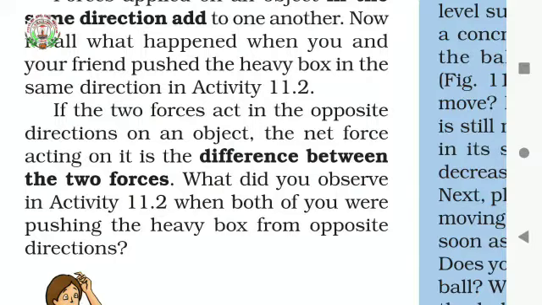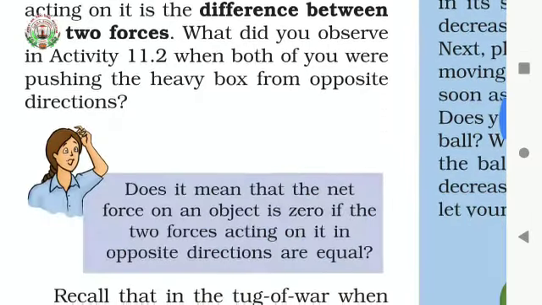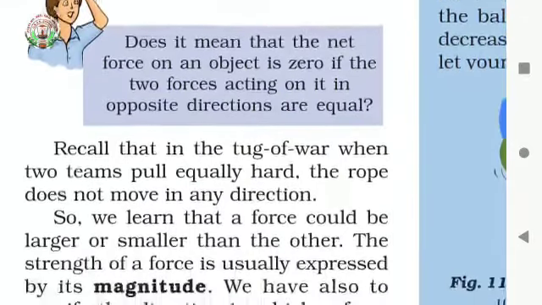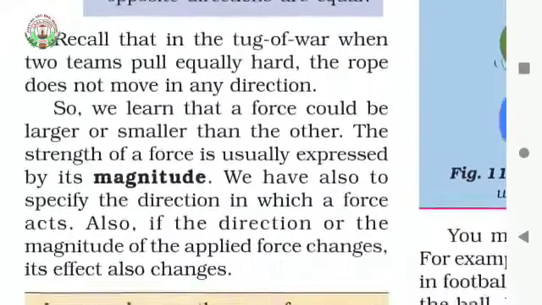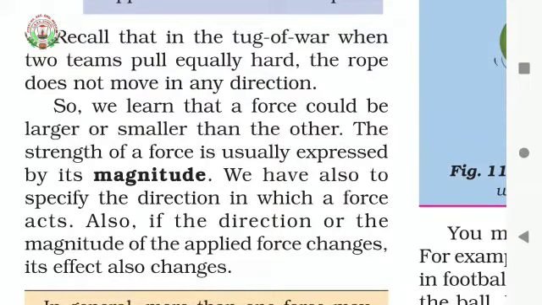The box will move a little in the direction of larger force applying. Recall that in the tug of war, when two teams pull equally hard, the rope does not move in any direction.